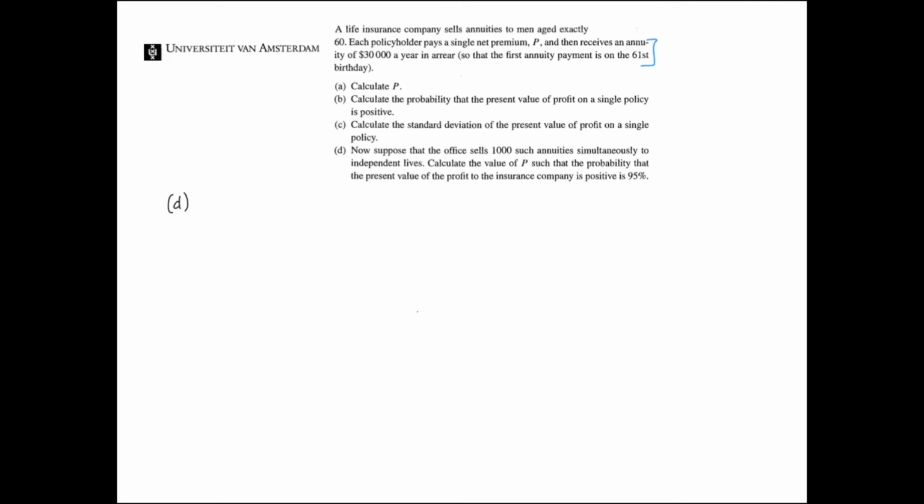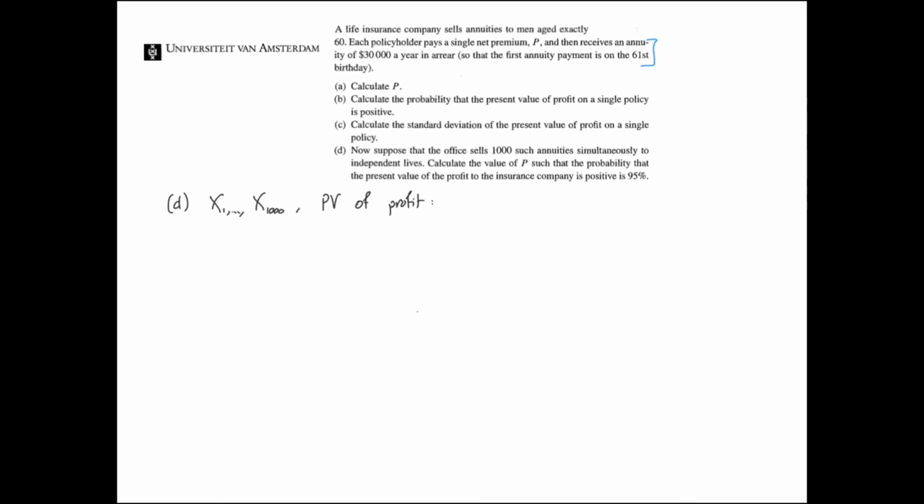We will use some probability theory, the central limit theorem, and some statistics. So let's denote, as in part C, we had the random variable x to denote the profit, but now we have x1 up to x1000 to be the present value of profit.